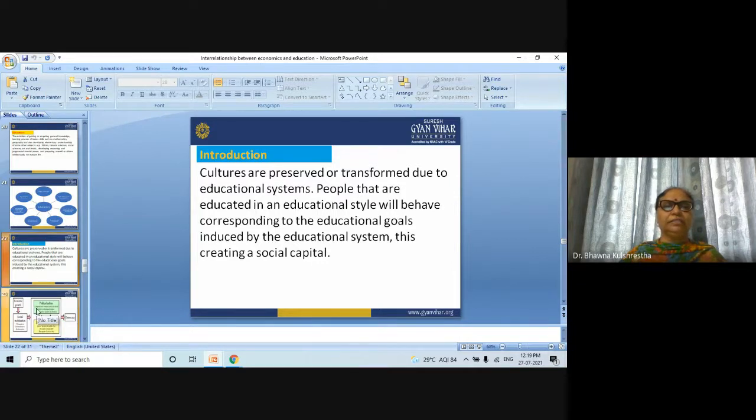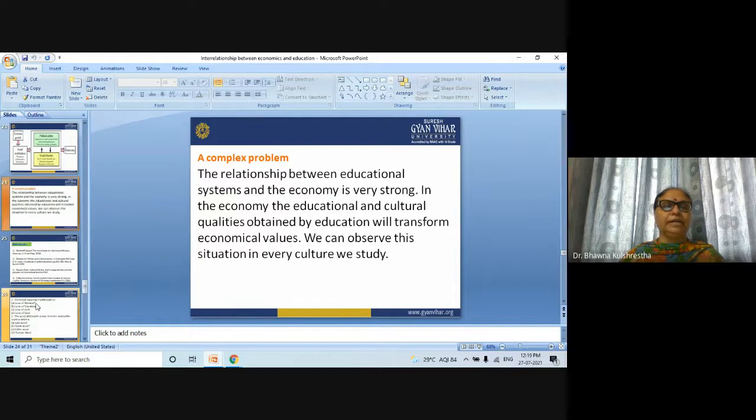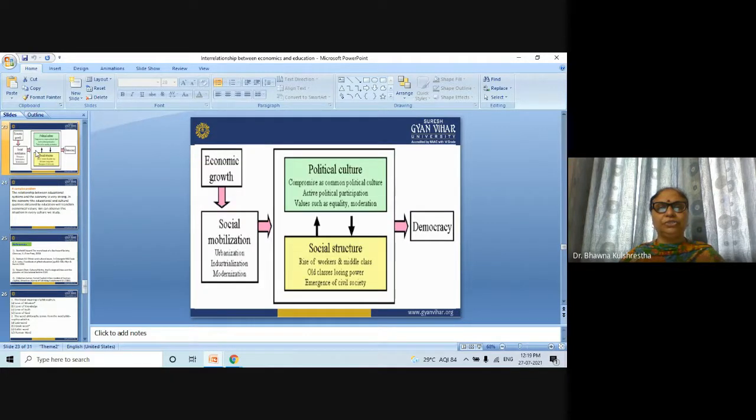And the next picture shows economic growth, and with economic growth come social mobilization, urbanization, industrialization, and modernization. With social mobilization, the political culture becomes a common political culture, with active potential political participation and values such as equality and modernization.